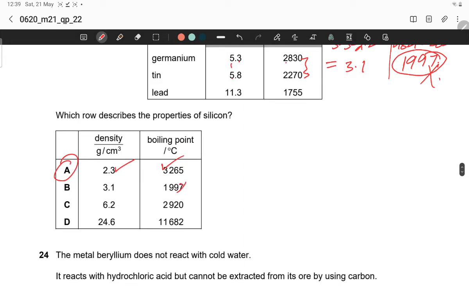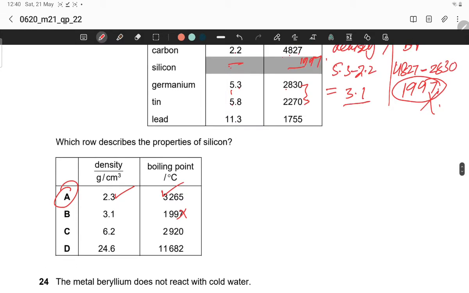And this 1997 with 3.1 is exactly the difference between 5.3 and 2.2, so this is also incorrect. More difference 6.2 cannot be, and 24.6 is very high, because the table shows tin is 11.3 and it is too high. 2920, if this is 6.2, is not a suitable option. 1168 is too high, so this is also incorrect. So A option must be correct.